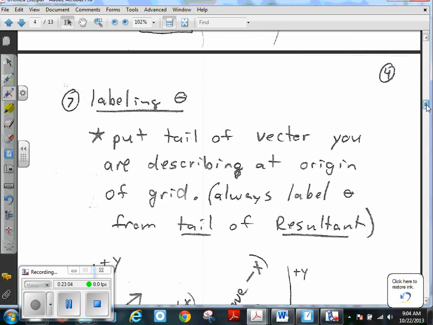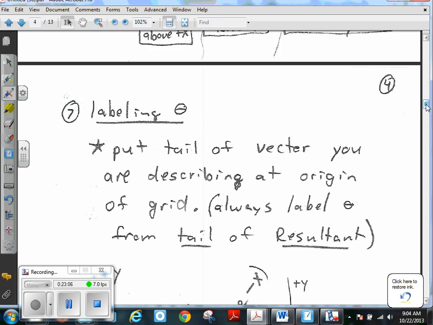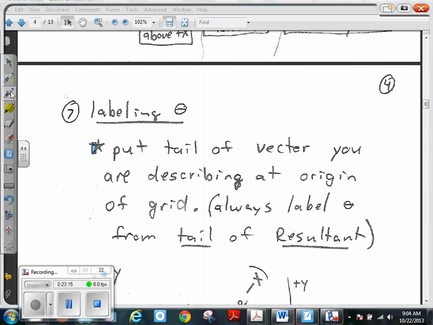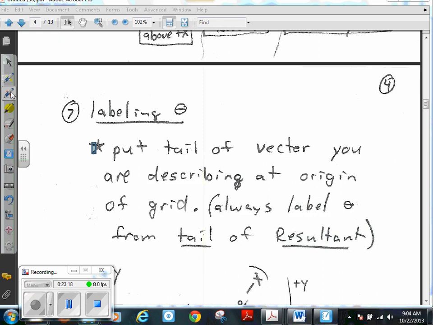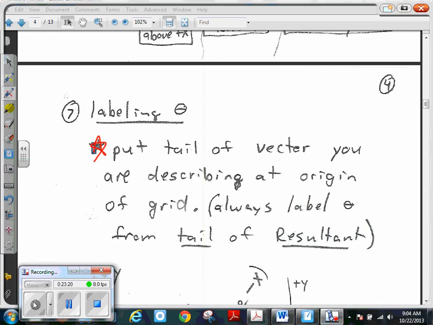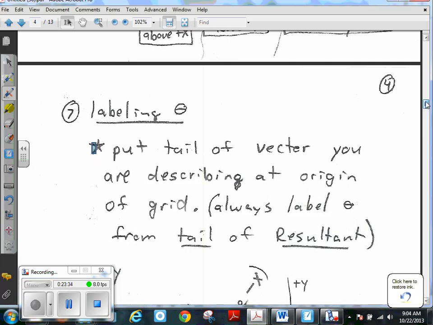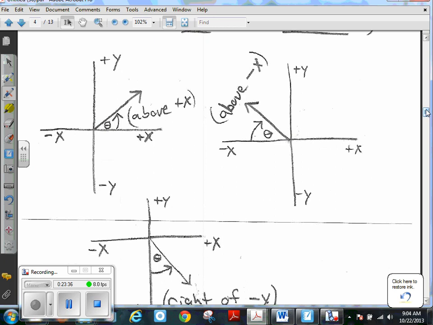So then to address the last question, labeling theta. The first thing you have to make sure you do right is you put the tail of the vector at an origin of a grid, an XY grid. And you always label theta from the tail of the resultant. So the pictures that are associated with that are this.